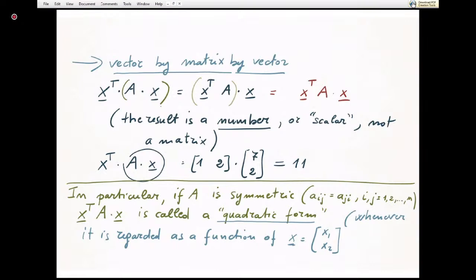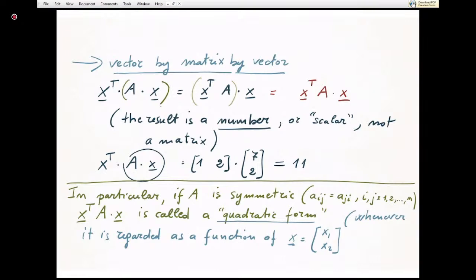For instance, in this case, this is a typical example. And these examples were recommended by a professor of econometrics, of course, because these kinds of models are very common in statistics and econometrics. It's a vector by matrix by vector.